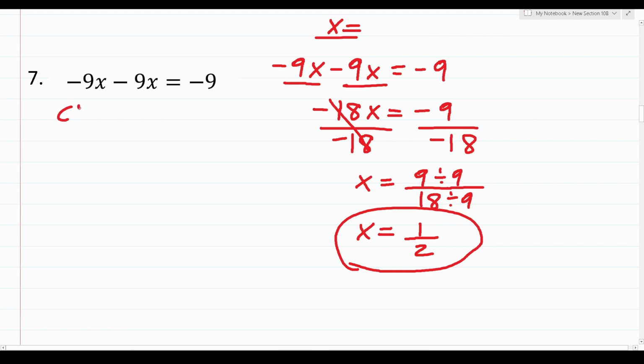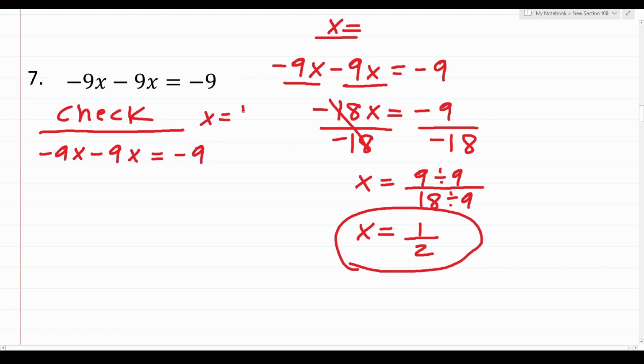Let's go ahead and check our work here. We have the equation negative 9x minus 9x equaling negative 9. And we know x has to be 1/2, right? So in place of x in our equation, let's substitute 1/2 in here as well as here.